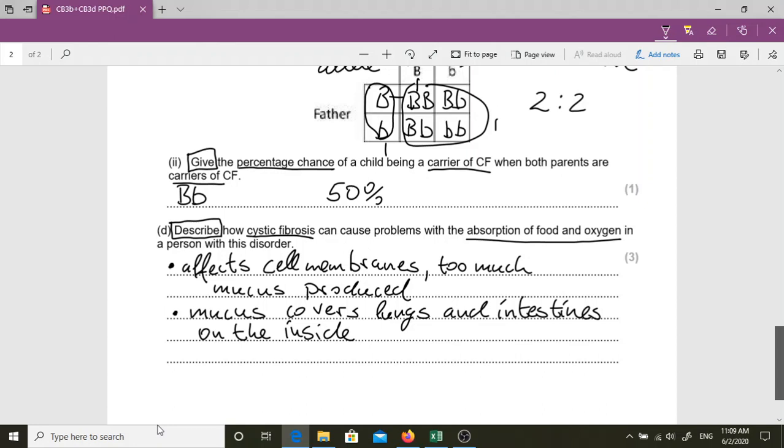Because they are covered by the mucus on the inside, the oxygen and the food can't actually get through to be absorbed or taken in. So now we can say oxygen and food cannot be taken in. And that is all for these exam questions.